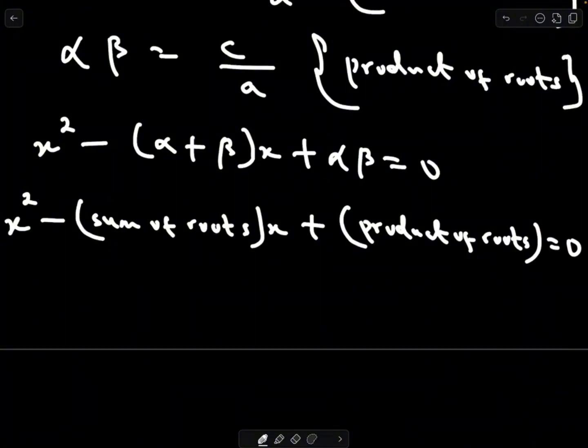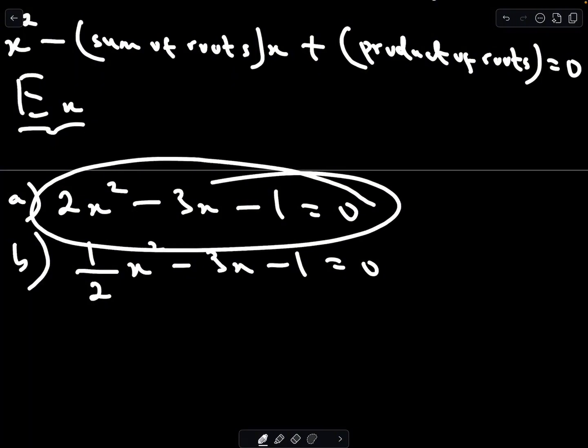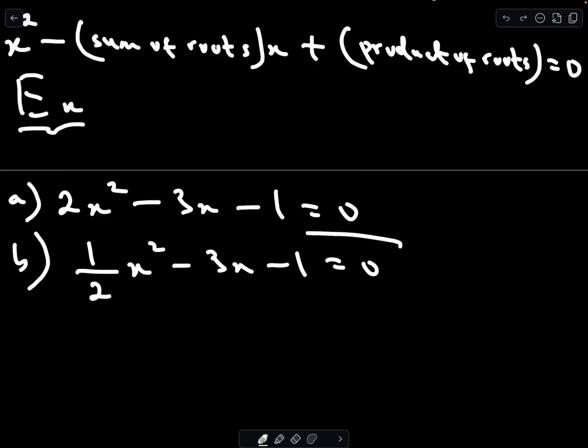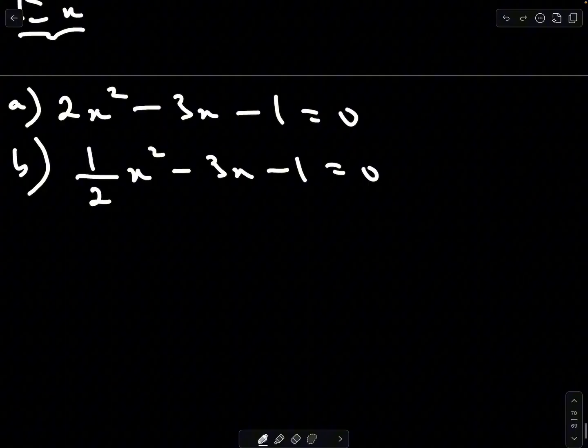That's the general form of a quadratic equation in terms of its roots. Now let's take a few examples. Find the sum and product of the roots of the following equations: a, 2x squared minus 3x minus 1 equals 0, and b, half x squared minus 3x minus 1 equals 0. Now let's go to the solution.